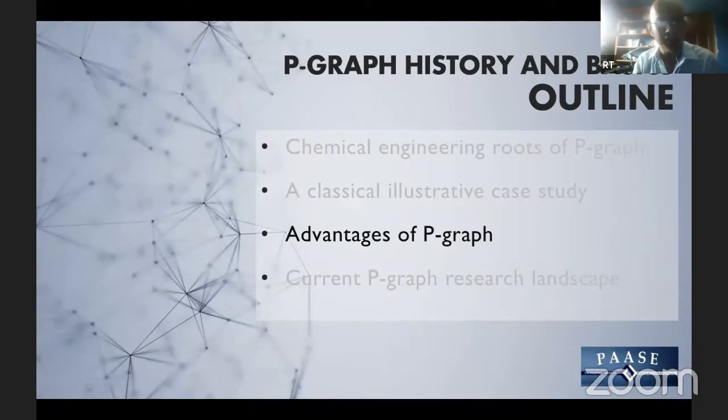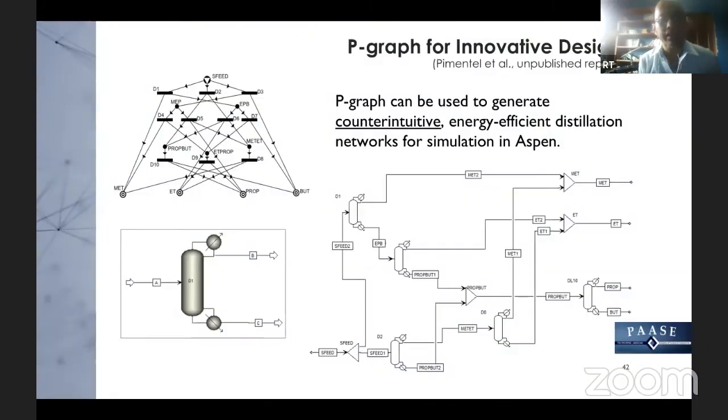The key advantages of pGraph as a design tool, if we go to the next slide, essentially is that I mentioned earlier that design engineers even now use a heuristic approach and rely on engineering know-how. There's always the risk, even though a lot of times the heuristics actually work, of incurring human error.